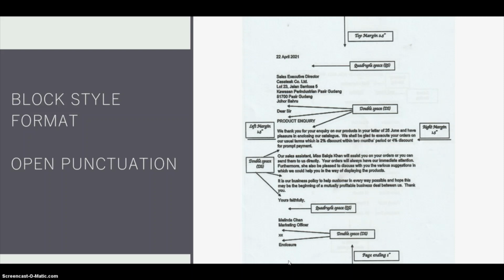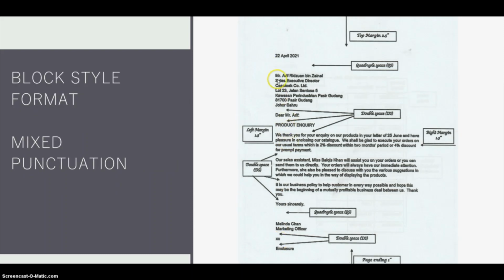So this will be the business letter for this semester. Basically this is how the business letter will look, in one page, a simple business letter in block style. Block style means everything starts from the very left margin and is typed from the left margin. So: block style, block paragraph, open or mixed punctuation.